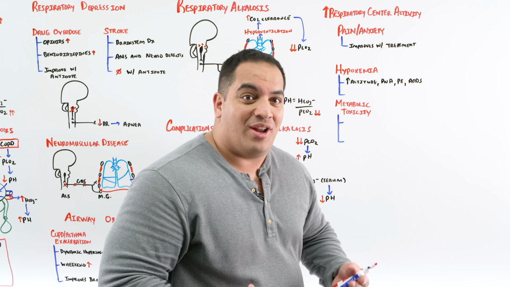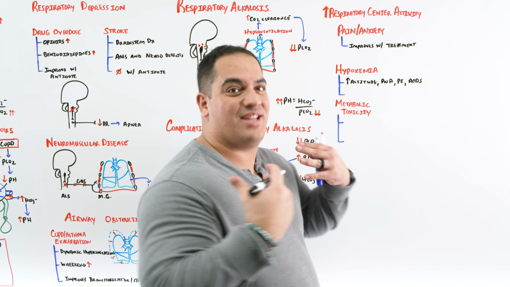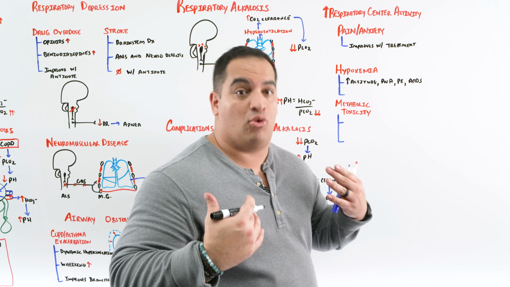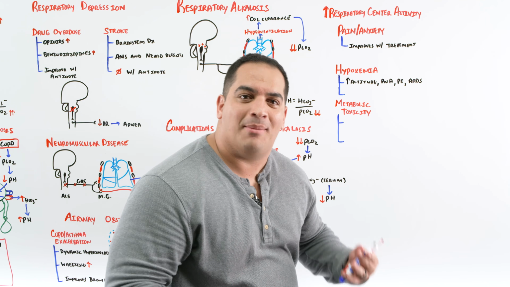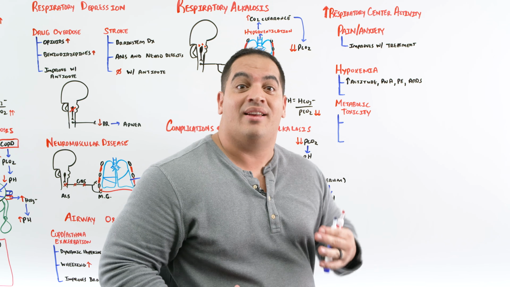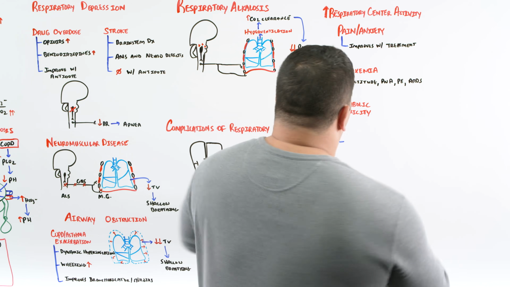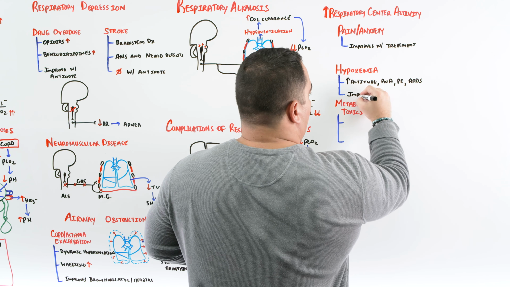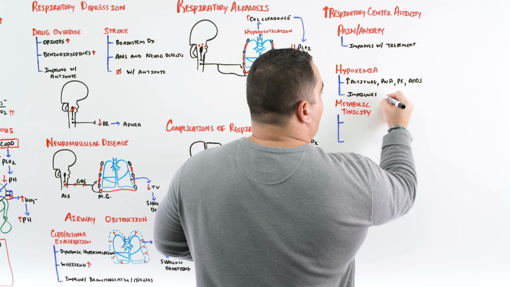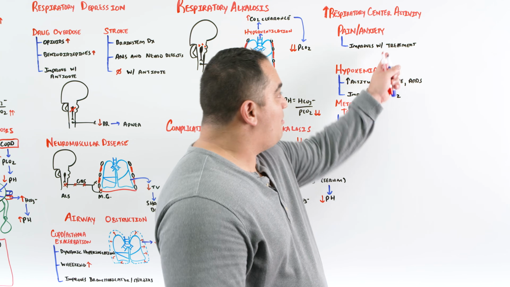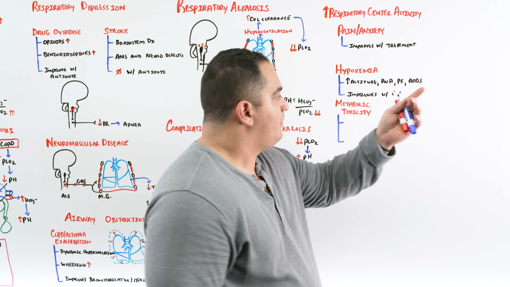When you don't oxygenate, what happens? It tells the chemoreceptors, bro, I ain't oxygenating. You better breathe faster and deeper and get some more oxygen in me. And that's the common thread here, that oxygen, when it's low, tells the respiratory center breathe faster. So usually the key with this one is that you treat them with oxygen, treating the underlying disease, but oftentimes when you give them oxygen, it improves when you give them what they're deficient in. So give them what they're deficient in, they should improve.